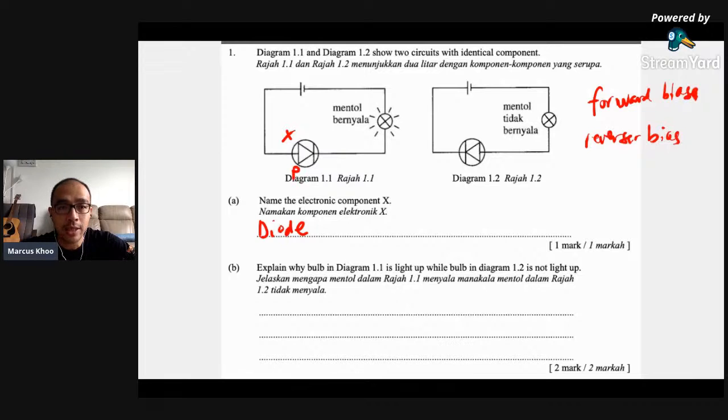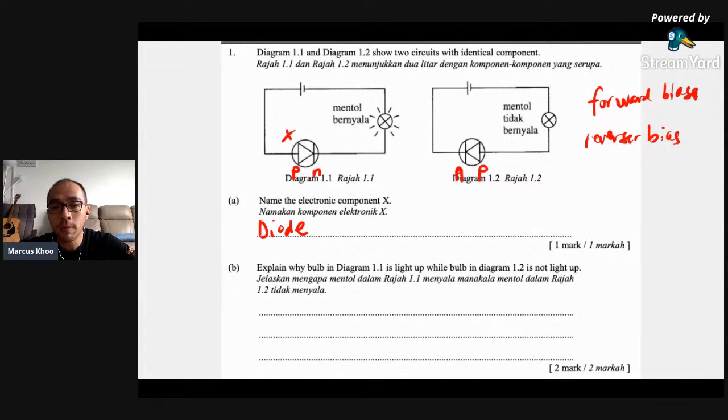This is the P junction, this is the N junction. This is the N semiconductor, and this is the P semiconductor. So if positive is connected to P, then it's forward bias. If positive is connected to N, then it's reverse bias. And we know that if anything is connected in reverse bias, current doesn't flow.